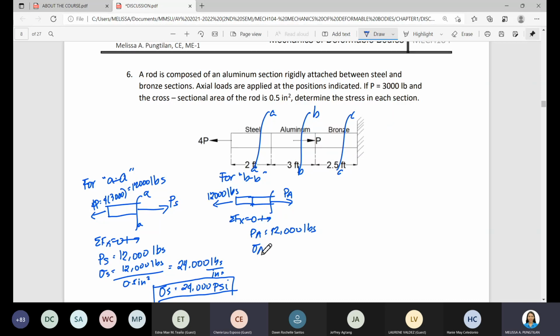So the stress is equal to 12,000 all over 0.5 square inches. And it is equal to, same din, 24,000 PSI. So ito yung ating stress at A. Okay? Next, for exploratory section C.